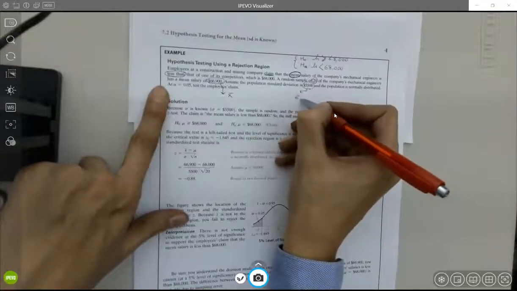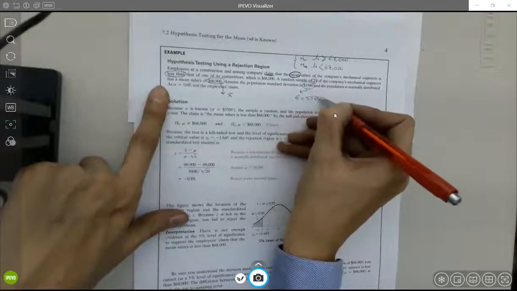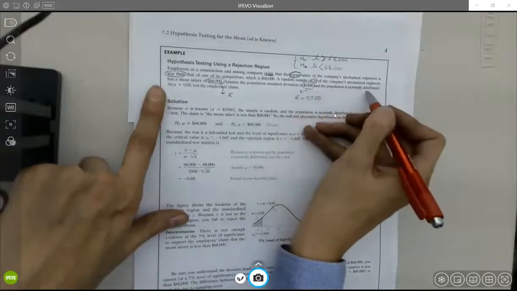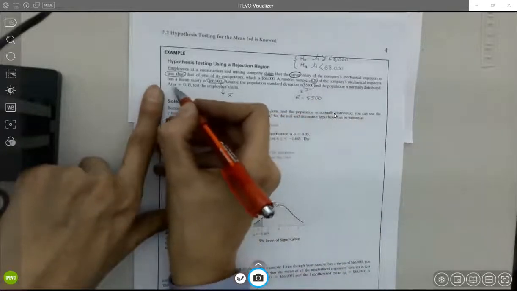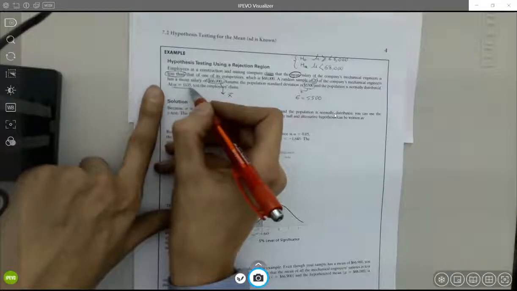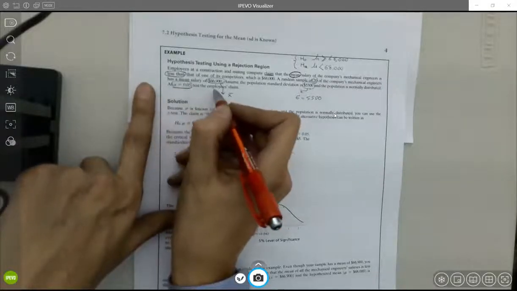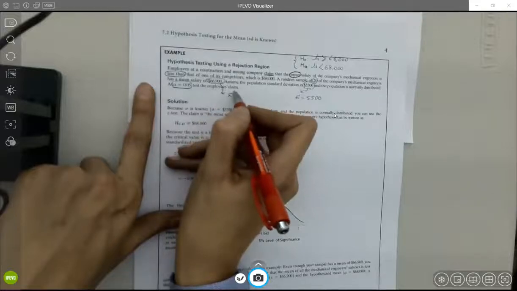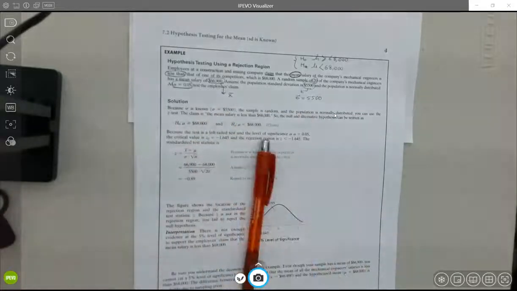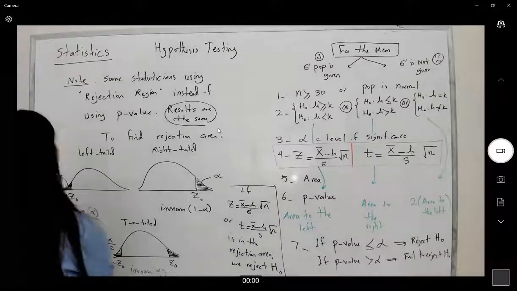The standard deviation of the population is given to us, 5,500. And the population is normally distributed, and your level of significance is 5%. Test the employee's claim. Very well. Let us write down this information on the board and go over this example together.